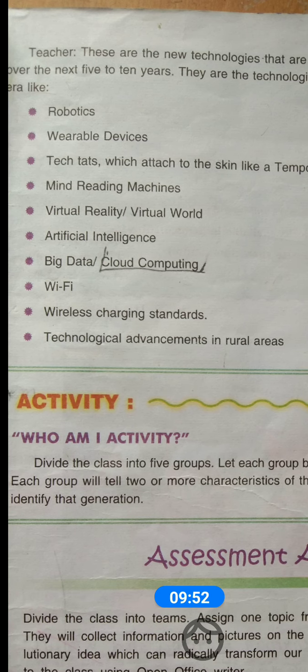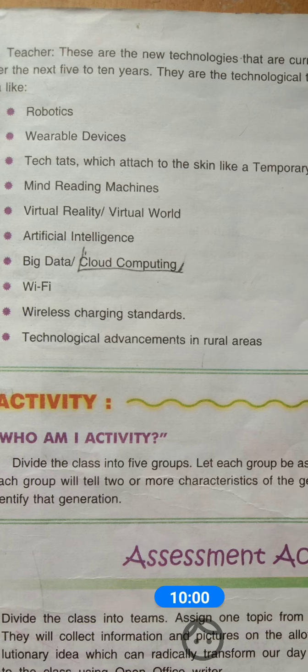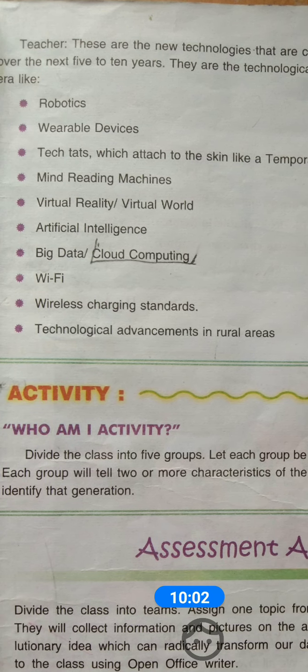These are the technologies: robotics, wearable devices, then tech tats which attach to the skin like a temporary tattoo, then mind reading machines. In the coming days, mind reading machines may also be available. Then virtual reality, virtual world, artificial intelligence, big data, cloud computing, Wi-Fi, wireless charging standard, technological advance in rural areas.